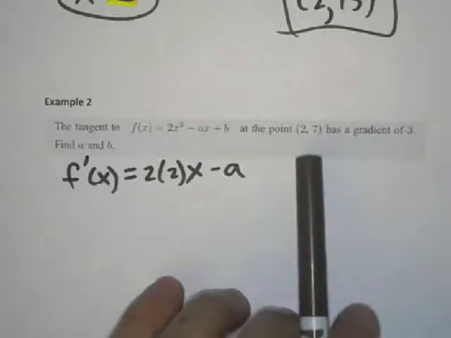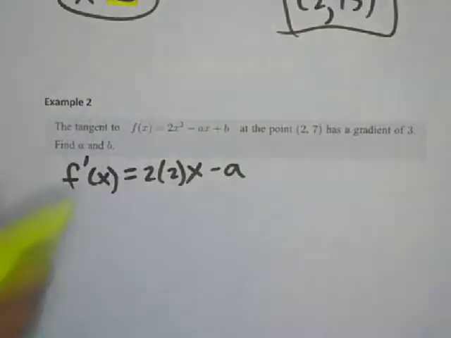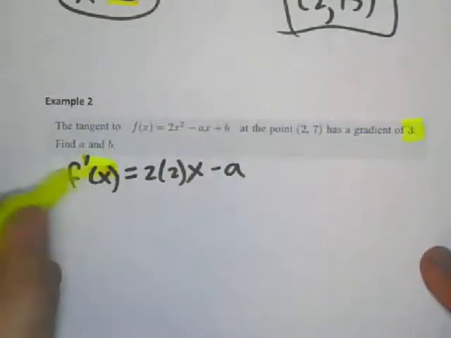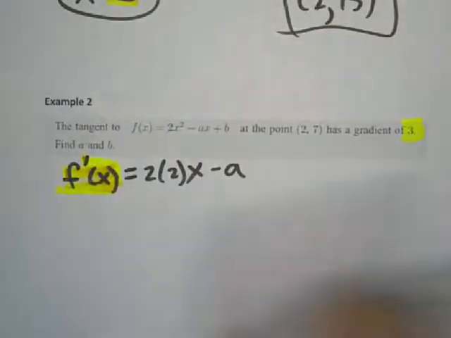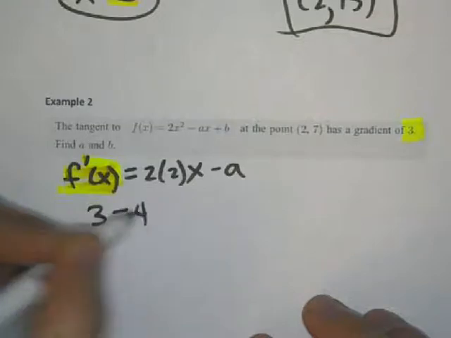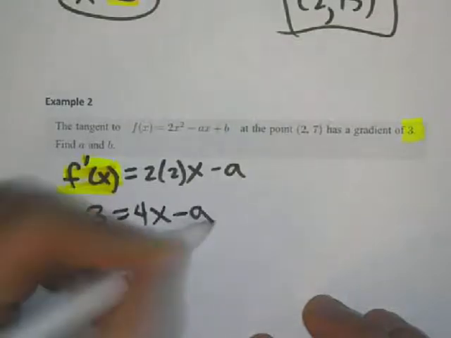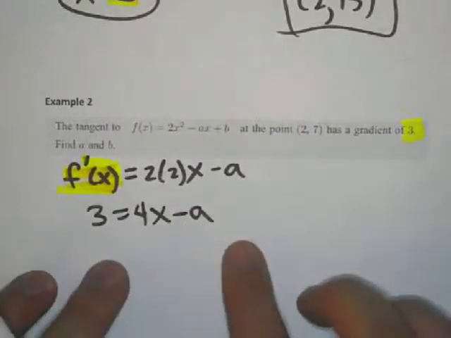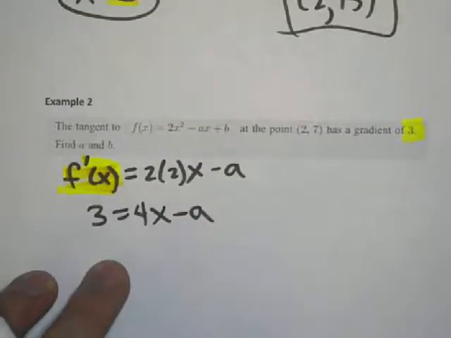This is going to have a slope of 3, so I'm going to set this derivative equal to 3. So we get 3 equals 4x minus a. There's one variable, isn't there? a. So let's solve for a.